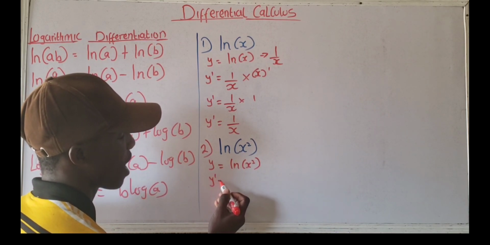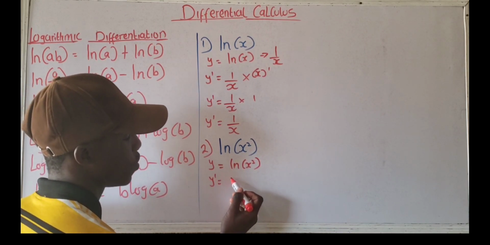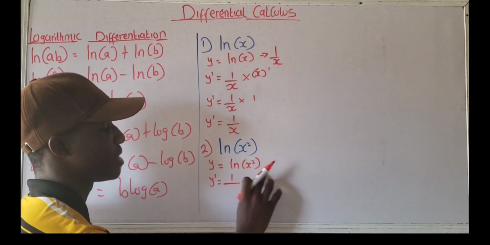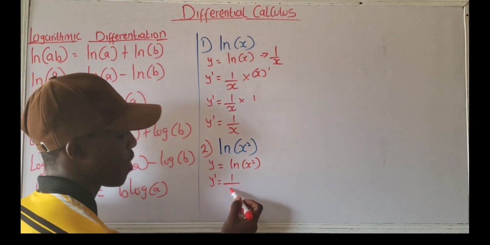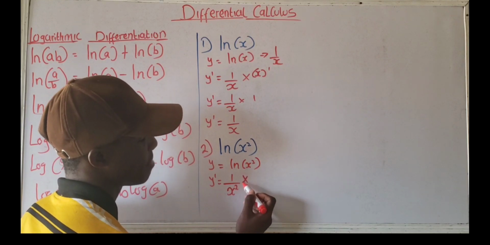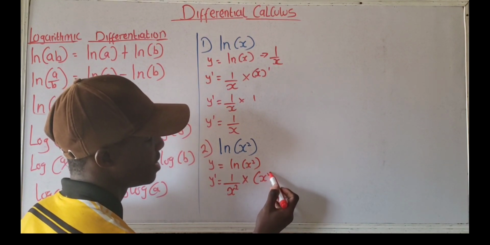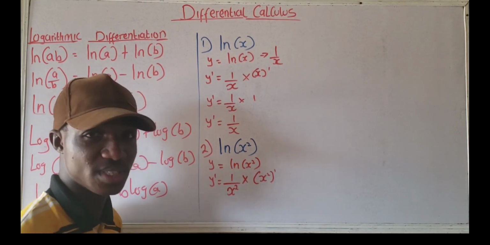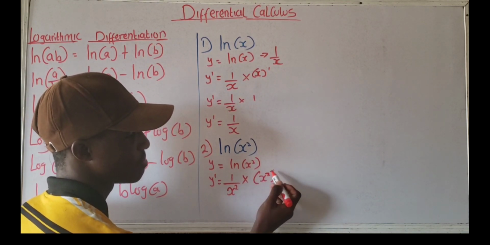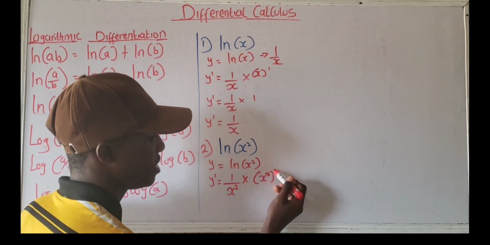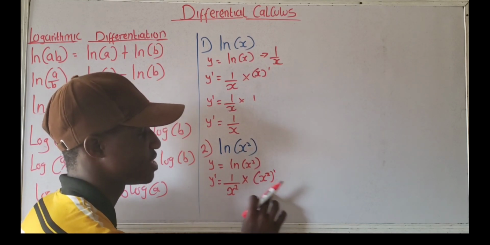So the derivative of y with respect to x is equal to 1 over the function inside the bracket. The function inside the bracket is x squared. So I'm going to have 1 over x squared multiplied by the derivative of x squared. This sign that you see here means derivative. It is not raised to the power of 1. I'm telling the examiner that I want to differentiate x squared.